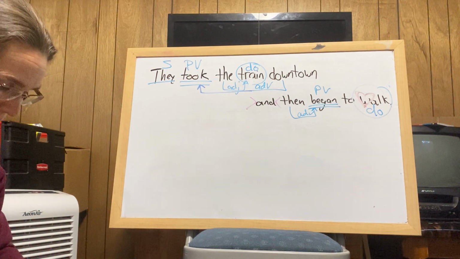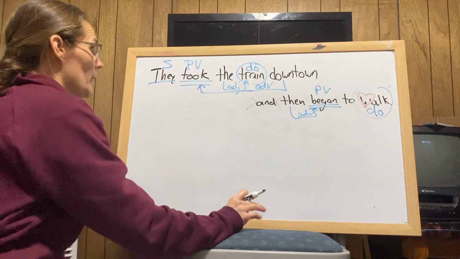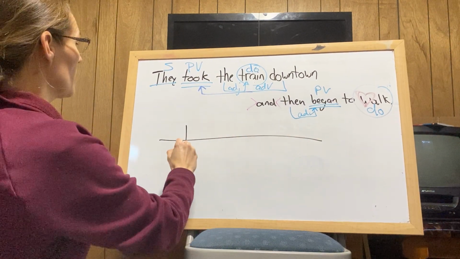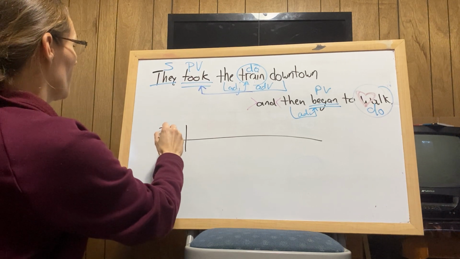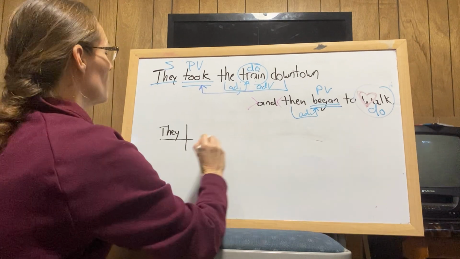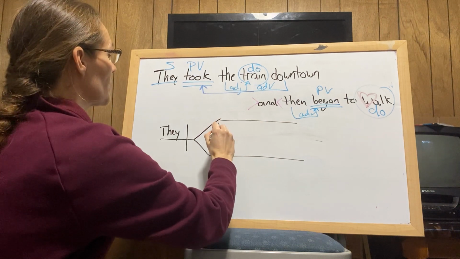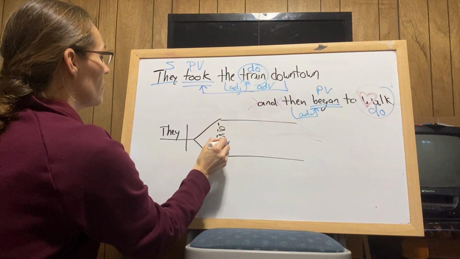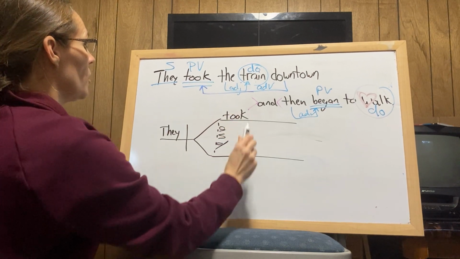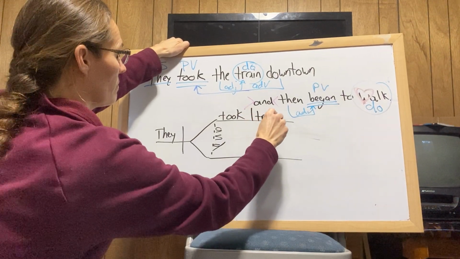So let's diagram that. I don't have the answers for the diagramming, so bear with me. I might make some mistakes and then realize I made the mistake. So we have our subject, they, oh, and it's going to be compound. So this is our conjunction and they took what? Train.